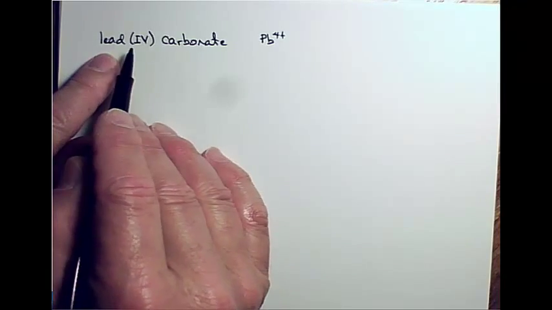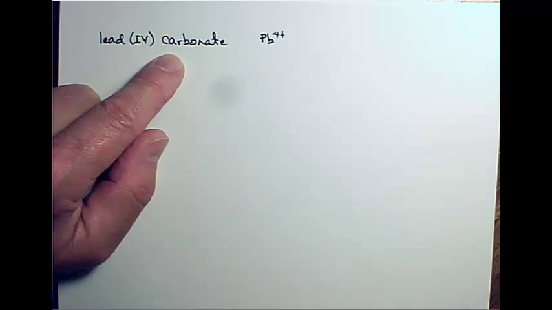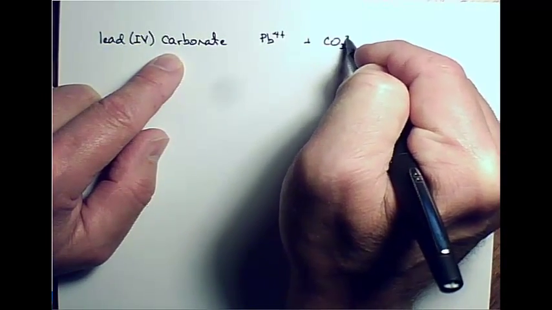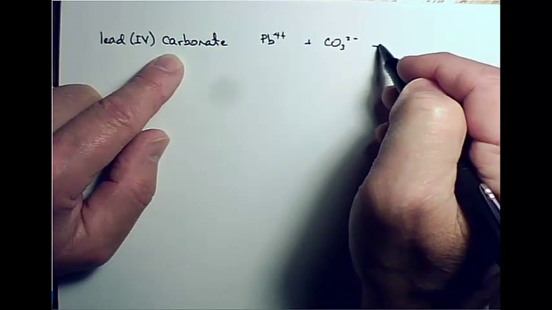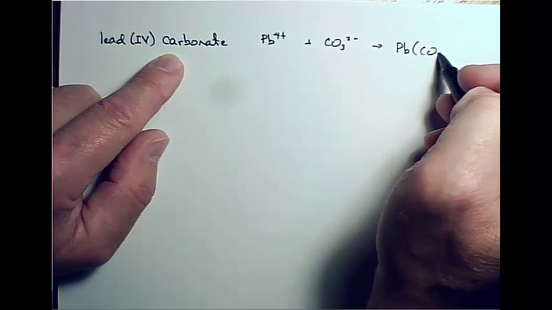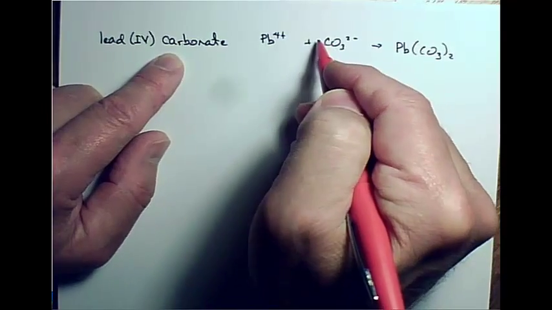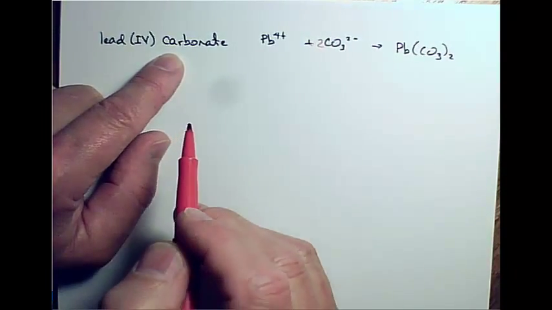So when we have lead 4, it means lead with a 4 plus charge. Carbonate you look up on the common ions list. That's CO3, 2 negative. And you're going to put it together to be Pb(CO3)2, and 2 of those, because you're going to need 2 of these carbonates with 2 negative charges to balance out the 4 plus charge.